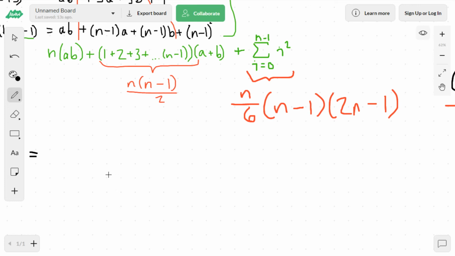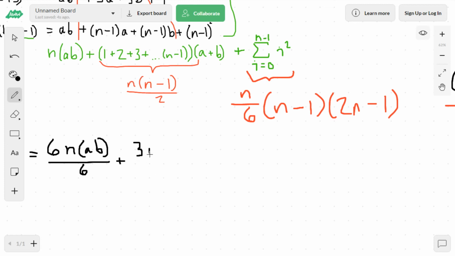So what I'm going to do is try to get a common denominator. So basically we're going to say 6 times n times a times b divided by 6 plus, I guess we need a 3 on this one to balance it out, right? 3 divided by 6 is the same as 1 divided by 2.